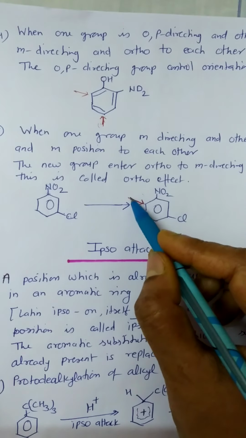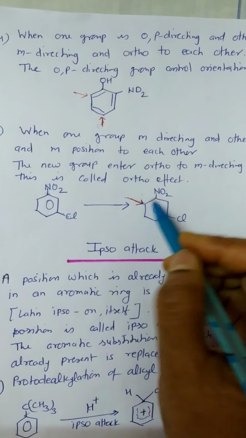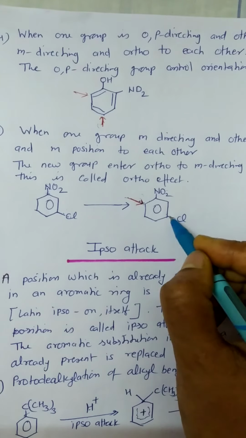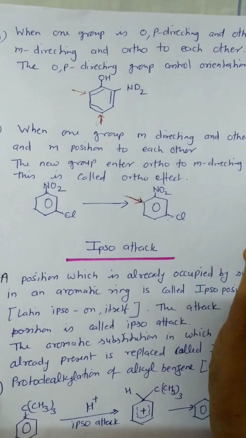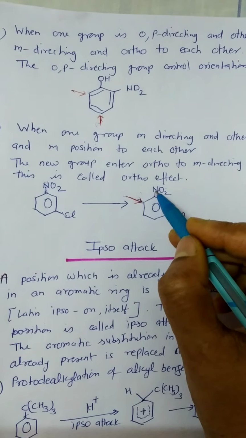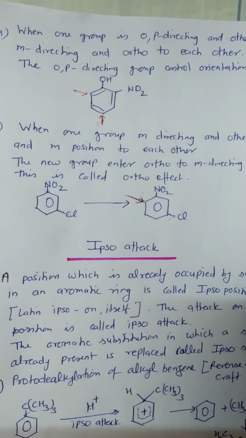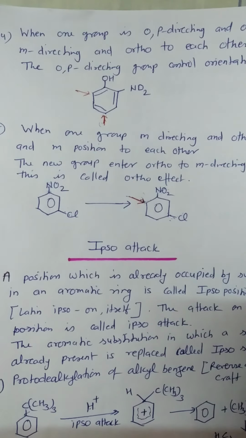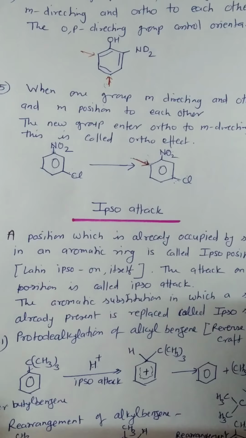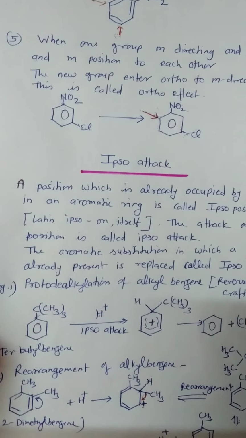Therefore, here the electrophile attacks the ortho position of the NO2 group, or we can say the para position of the ortho-para directing group. This is known as ortho attack because the new group comes at the ortho position of the meta directing group. These are the 5 rules according to which di-substituted compounds are converted into tri-substituted compounds by electrophilic attack.